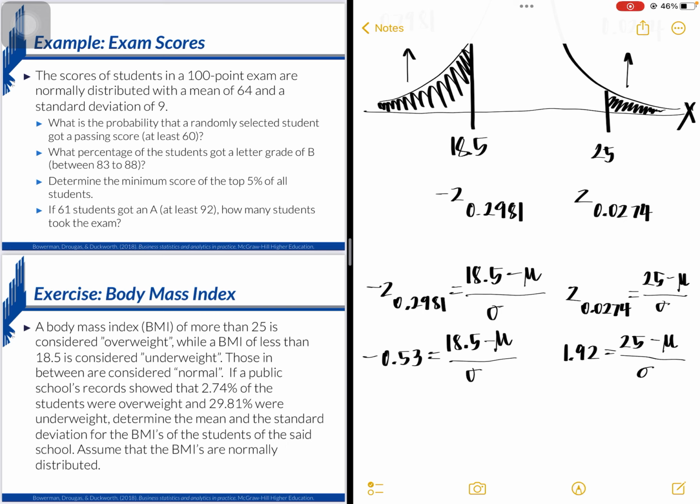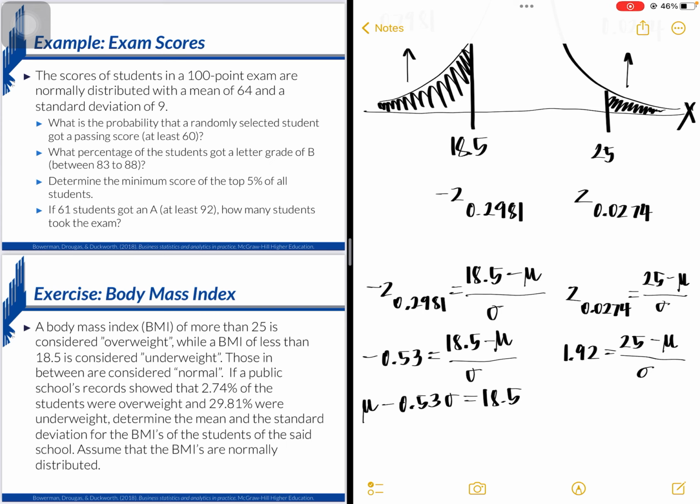So we now have two equations with two missing values. Therefore, from algebra, we can use systems of equations to solve for these values. So we can simplify the first equation as mu minus 0.53 times sigma equal to 18.5, right? Cross multiply and then transpose mu to the other side.